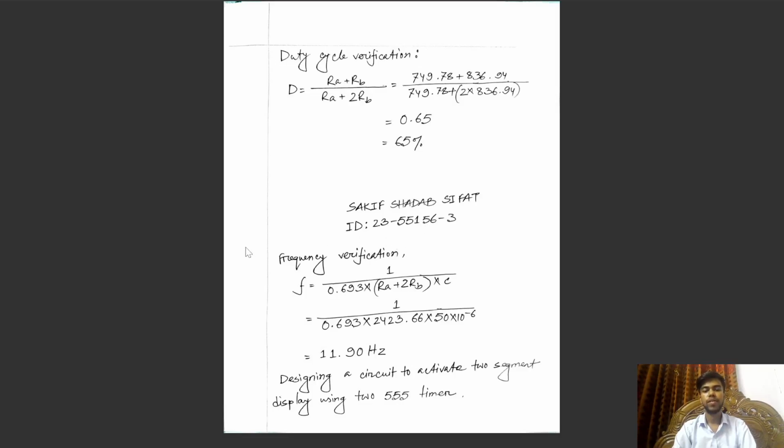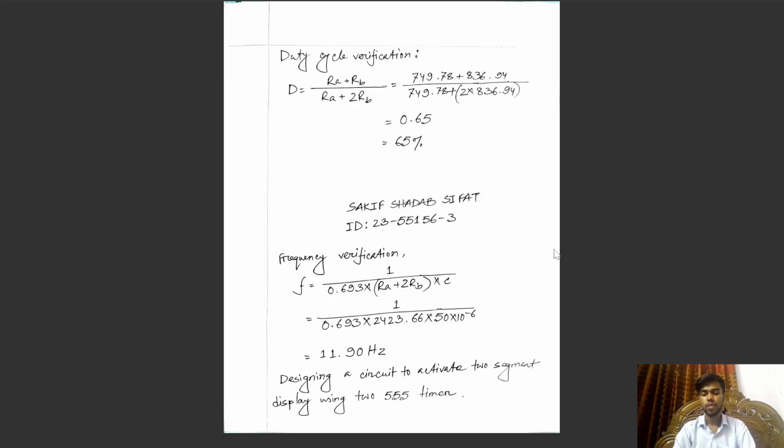So we need to do the frequency verification, F, and the formula for frequency verification is 1 by 0.693 multiplied by RA plus 2 RB and multiplied by C. We know the values for RA and RB, so after multiplying, we got 2423.66, which is the value for RA plus 2 RB, and C is 50 into 10 to the power minus 6.